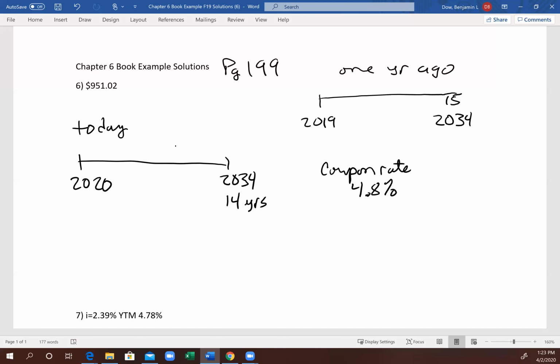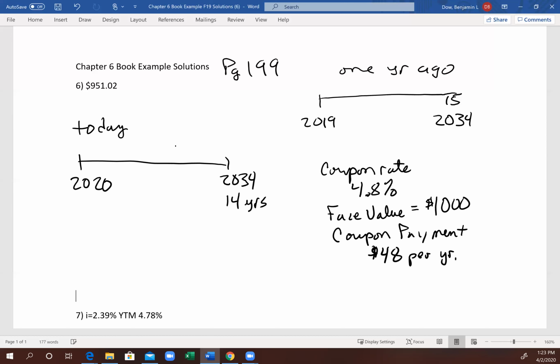Since we know the face value, unless otherwise stated, for all bonds is $1,000, that means the coupon payment would be $48 per year. But it says these bonds make semi-annual payments. What does that mean? It means they make 2 equal payments. So while you get $48 a year, each payment's going to be $24.